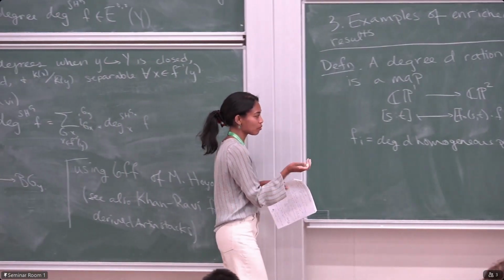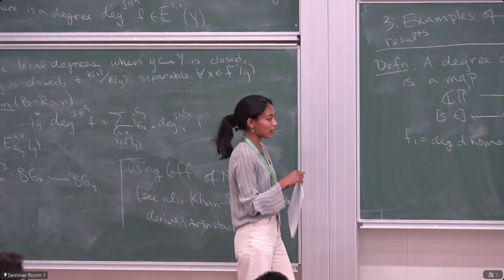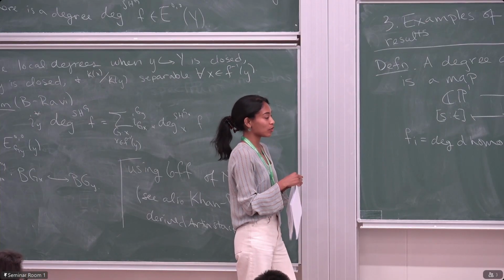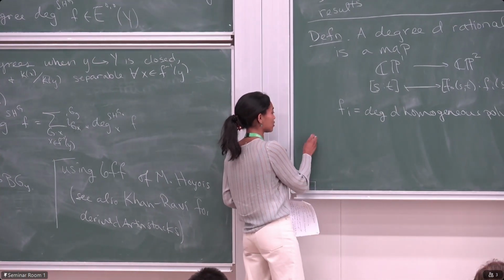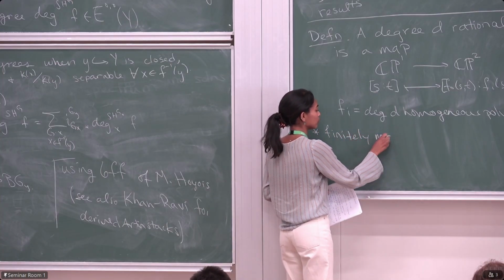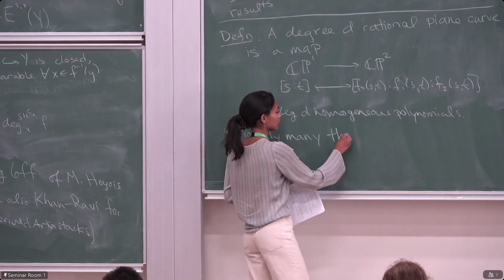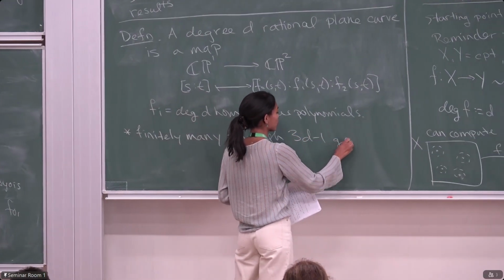Okay, there are infinitely many, but as we talked about in the beginning, we know that there are finitely many through 3d minus 1 general points.